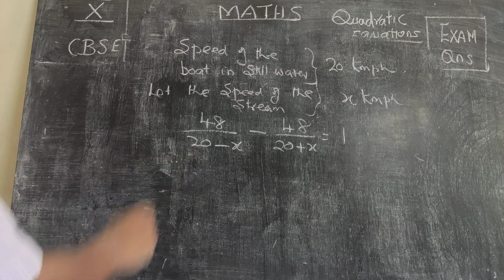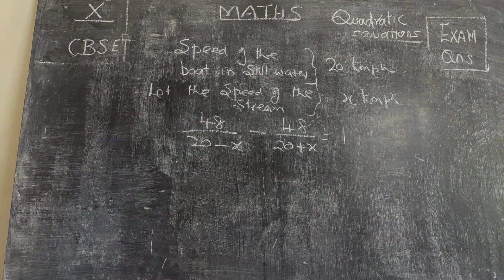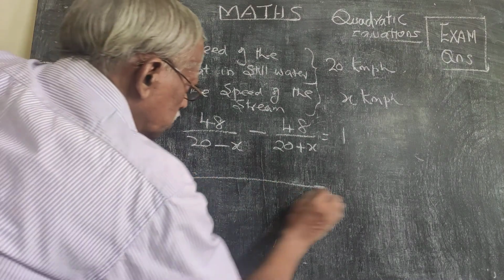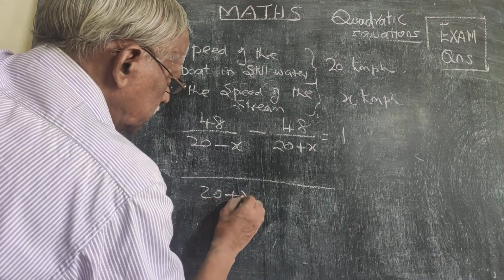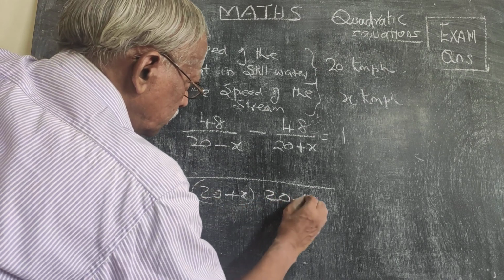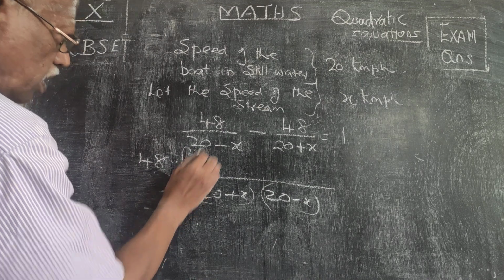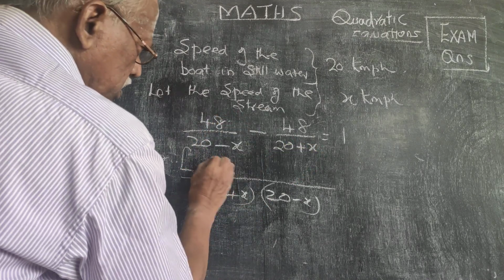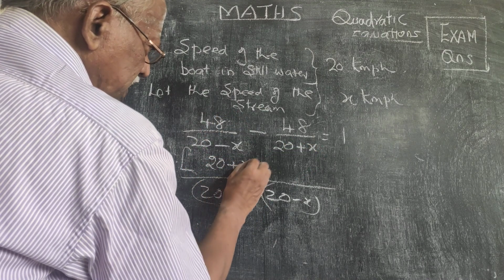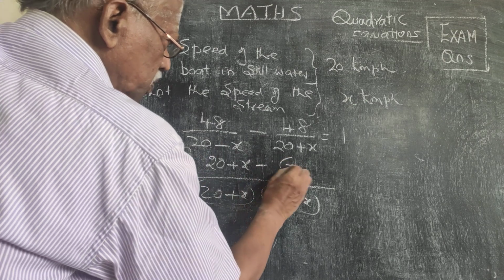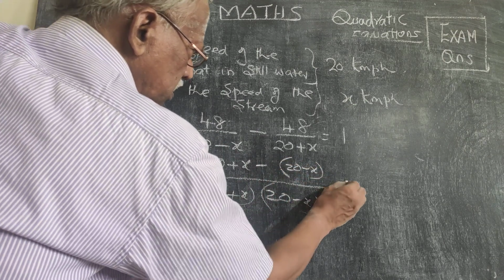Distance by speed: 20 minus x is the speed for going upstream, and 20 plus x is the speed of the boat in downstream. Now taking the LCM as 20 plus x and 20 minus x, and taking 48 outside, I will be left with 1 into 20 plus x minus 20 minus x, equal to 1.